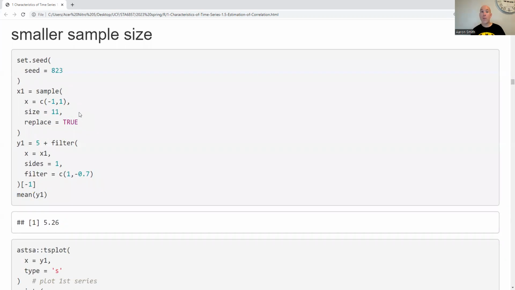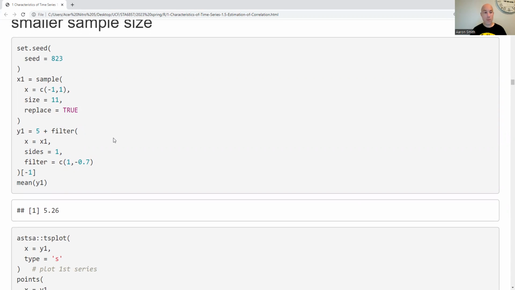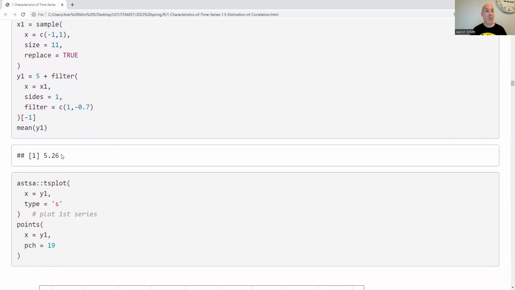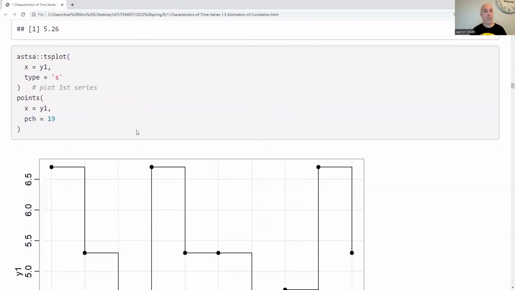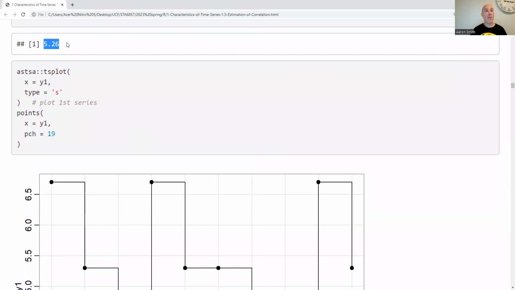So with a shift, that's going to be a 10 if I'm shifting back by 1. And then the filter function gives us our y. Here's our overall average, and notice that that's close to 5, by the way.